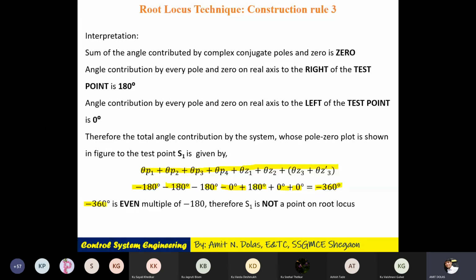Minus 360 means what is the value of q? Minus 360 is an even multiple: 2 into 180 is 360. Even multiple of 180 degrees. Therefore the test point we chose, S1, is not a point on the root locus. A pole cannot be here.